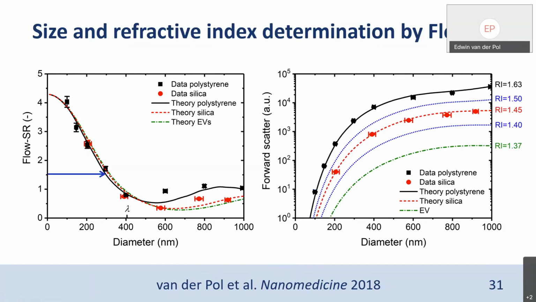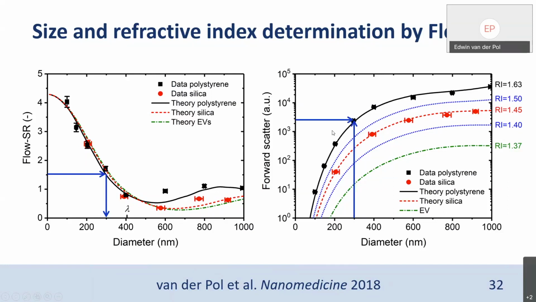Another example, imagine the flow SR was 0.5, that corresponds then to a particle of 300 nanometer. Now going back to the calibrated forward scatter to diameter table, then we see that if the forward scatter signal was AP, that corresponds to a particle with a refractive index of 1.37.